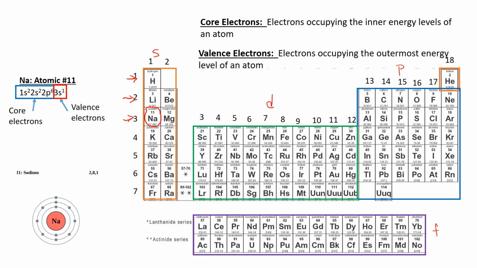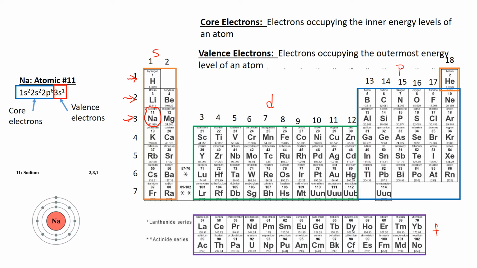So for sodium, it's got 2 electrons in that first ring. Then when we move to the second row, it represents the second energy level, so we're a little bit farther out. And we've got 8 total electrons, 2 in the S and 6 in the P, in that second energy level. And then finally, we've got our last electron, that 3s1, in that third energy level.